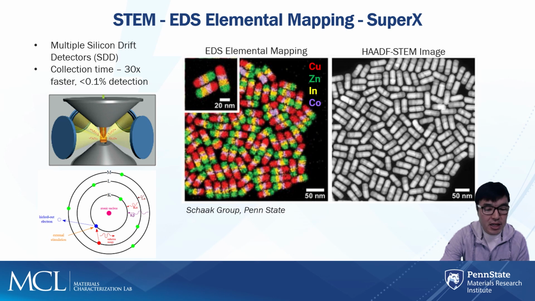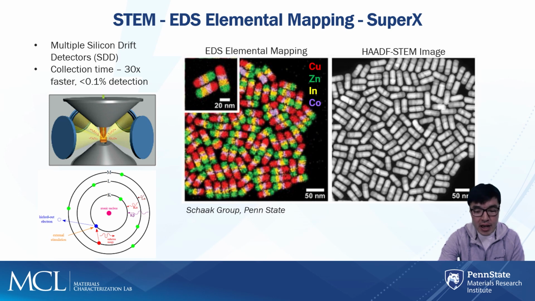First, let's see EDS. Most TEMs we have here at Penn State have a Super X EDS system, which has 4 EDS detectors surrounding the sample. It's a very powerful EDS system. We can get a very nice map within just a couple of minutes.